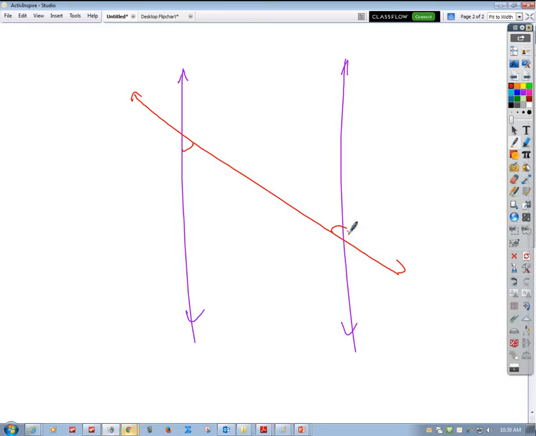Those are alternate interior angles. Yeah. So what's the reason that says if alternate interior angles are congruent, then the lines are parallel? Remember what that's called? Not the alternate interior angle theorem. It's the converse, yeah. Remember, the converses are the ones that end up with then the lines are parallel, right? Good. So we got it.